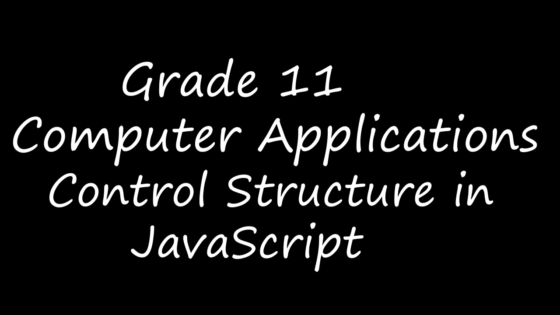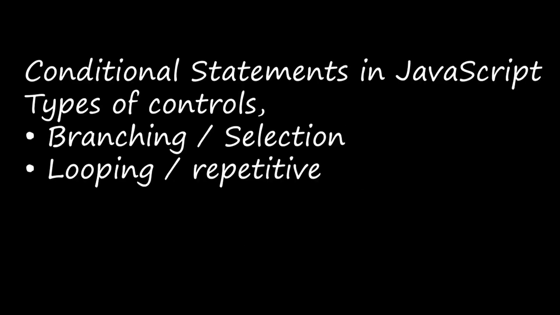That means there are two types of controls. One is branching or selection. The other one is looping or repetitive. In conditional statements, the first one we are going to see is branching or selection.